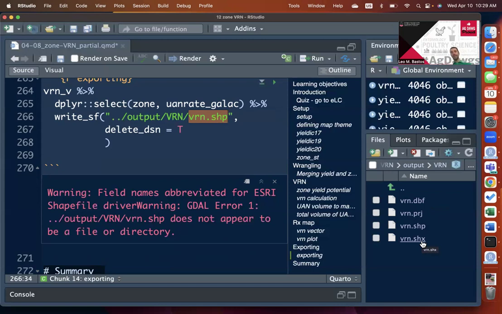And just to remind you again, when you share this with the grower, you will need to send all 4 files, right? If you only send the SHP, they're not going to be able to make sense of this file. You have to send all 4. And that's, again, the reason why internally I prefer to use GeoJSON, which is just one compact file and not 4 files.